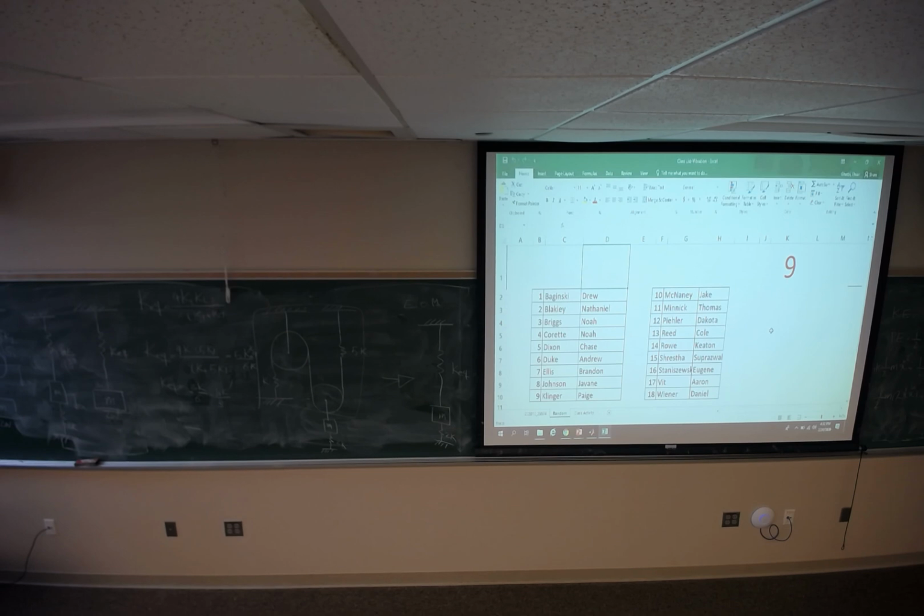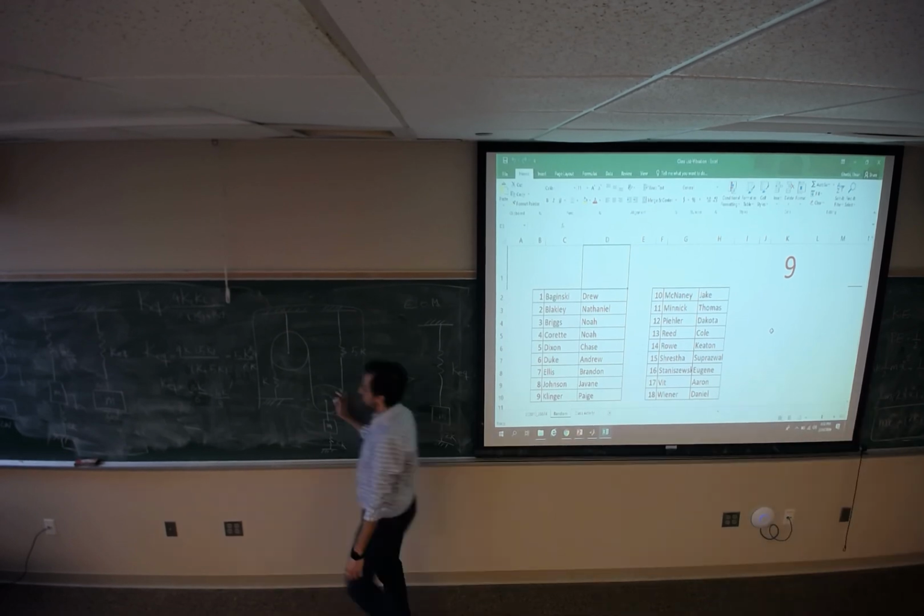What is left is m x double dot plus 2k times x plus 10k over 3 times x, and this equals 0. And this is the equation of motion for this system.